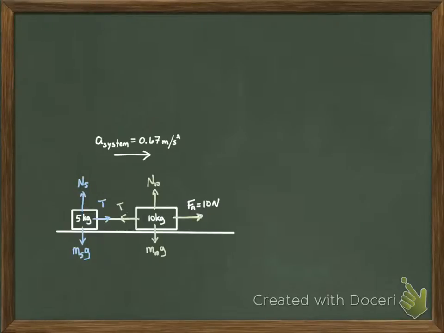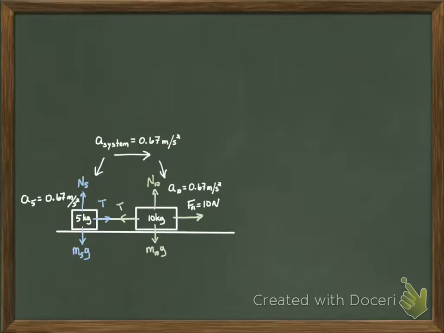And we have an acceleration of 0.67 for the system here, and since that's the acceleration of the system, everything within that system must also be accelerating at that same rate, including our 5 kilogram mass and our 10 kilogram mass. So the acceleration of the 5 kilogram mass is also 0.67 meters per second squared. The acceleration of our 10 kilogram mass is 0.67 meters per second squared.